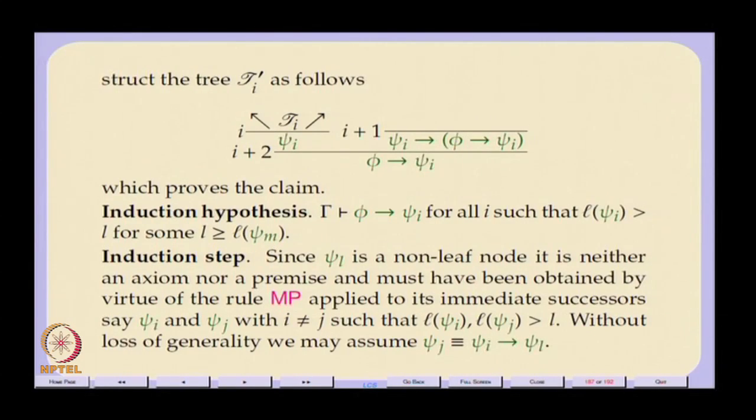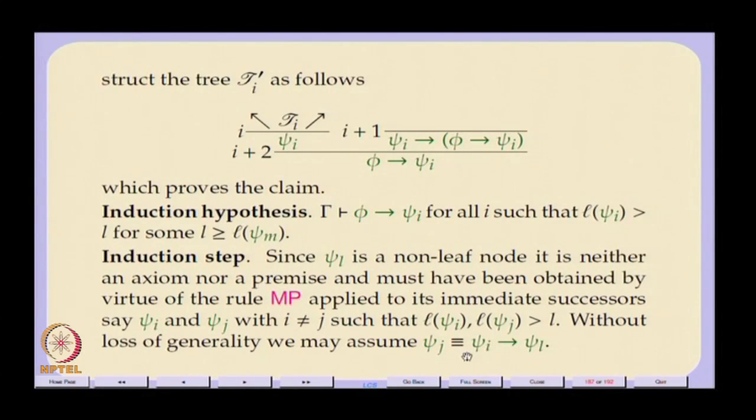So, you concluded from these two nodes i and j, psi L, then one of the nodes, let us say psi i was just some formula psi i, and the other node psi j was of the form psi i arrow psi L, only then you could have applied this rule of inference and concluded psi L, right.